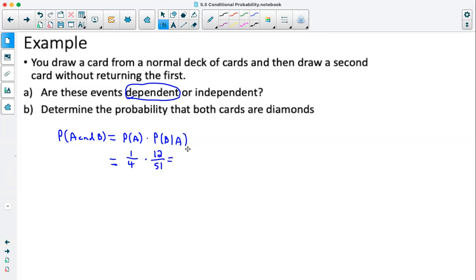We multiply this, so this gives us 12 divided by 204. If we want to leave that as a fraction, we'll want to reduce that to lowest terms, which would be 1/17. Alternatively, we can write it as a percentage, which is roughly 6%.